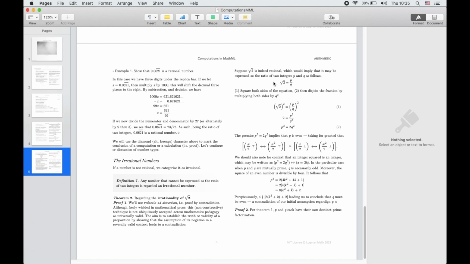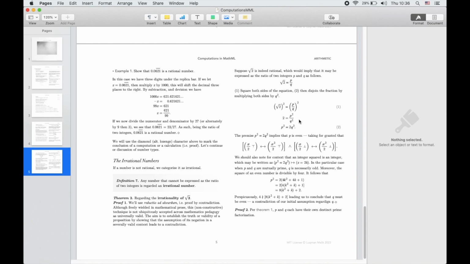Step number 1, we're going to square both sides of the equation. And then step 2, we're going to disjoin the fraction by multiplying both sides by q squared. So here we have the squaring of the left and right side of the equation, which we can simplify on the left side to the value 2, and on the right side to this fraction.